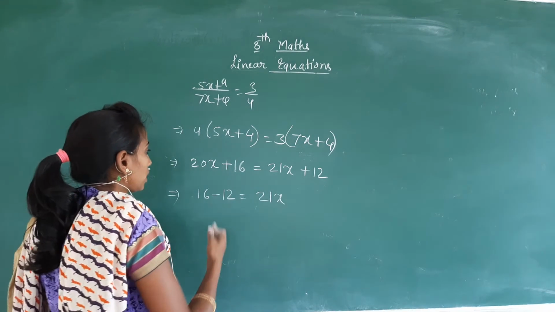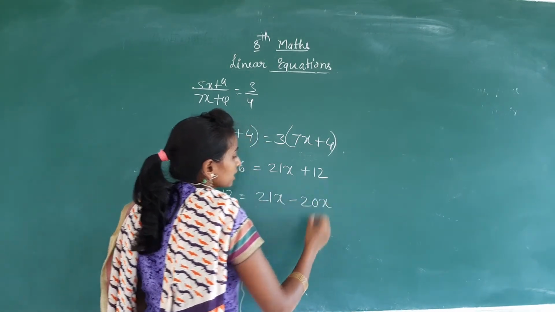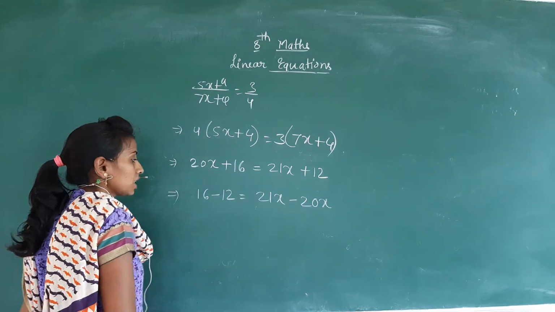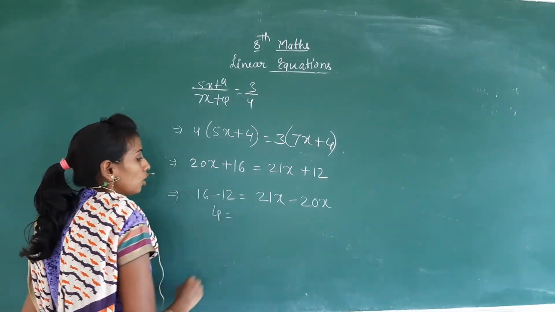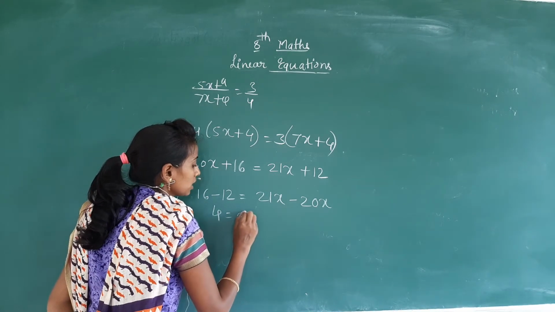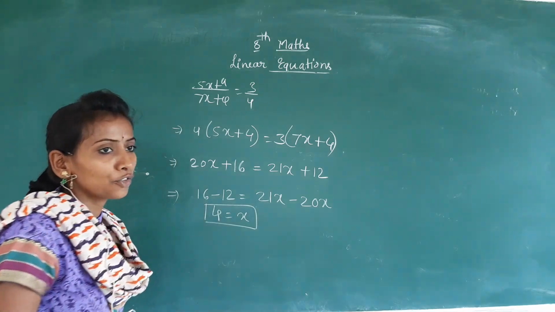I am taking 20x to the RHS side, that becomes minus 20x. 16 minus 12 is 4. 21x minus 20x is x. That is, we get the x value as 4.